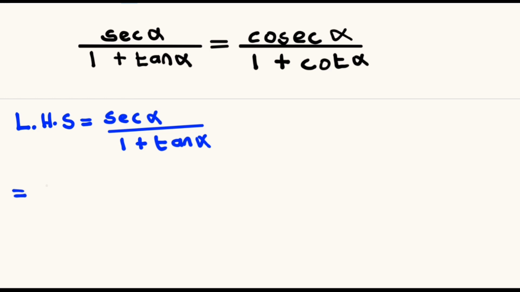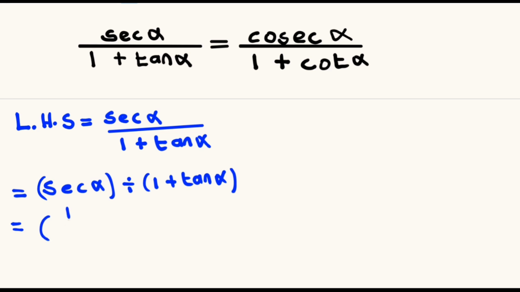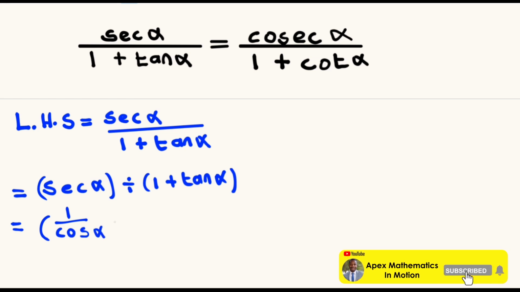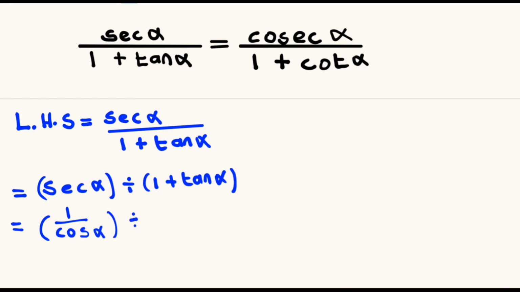We express this as sec alpha divided by 1 plus tan alpha, and sec alpha is equal to 1 divided by cos alpha, and this is divided by 1 plus tan alpha, which we express as sin alpha divided by cos alpha.